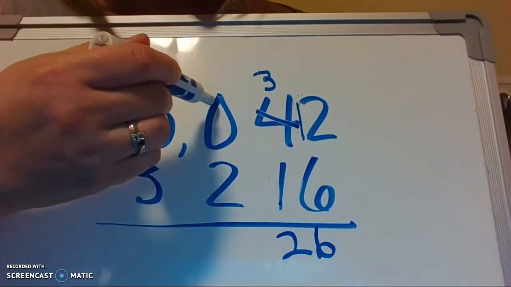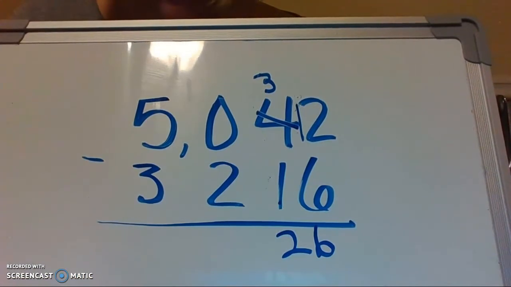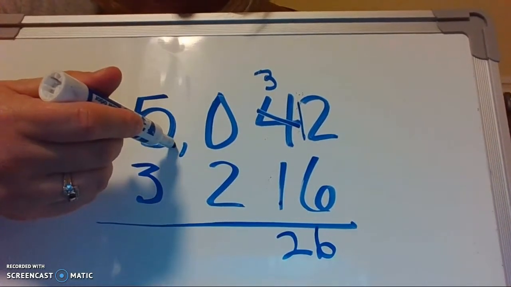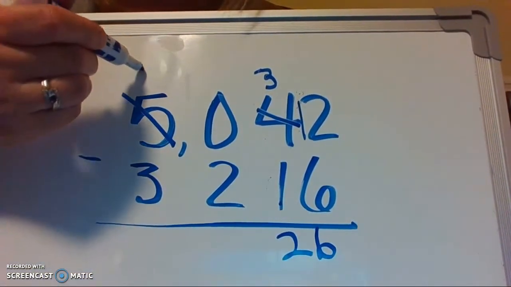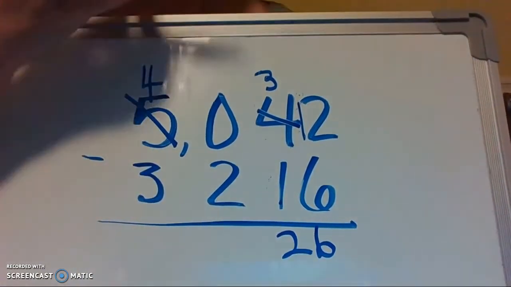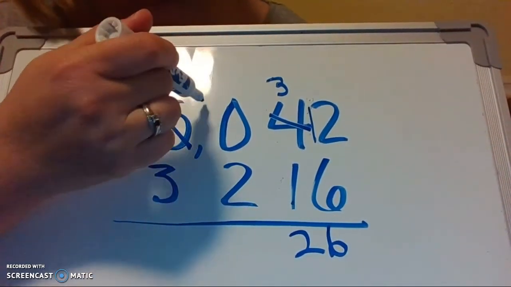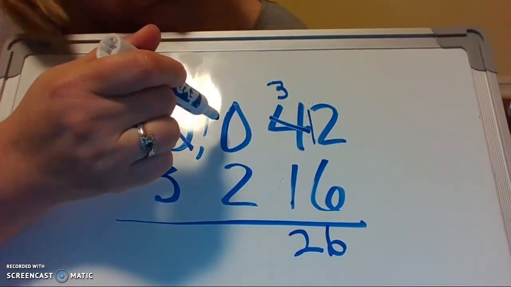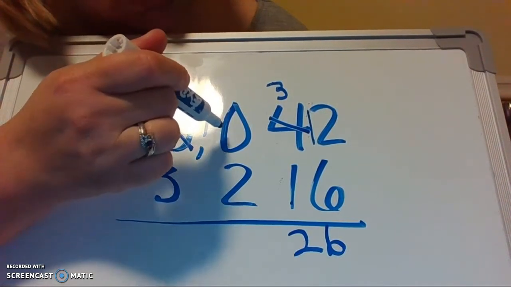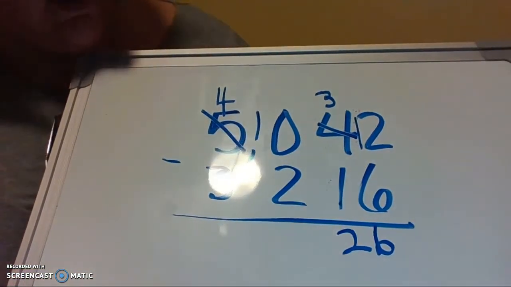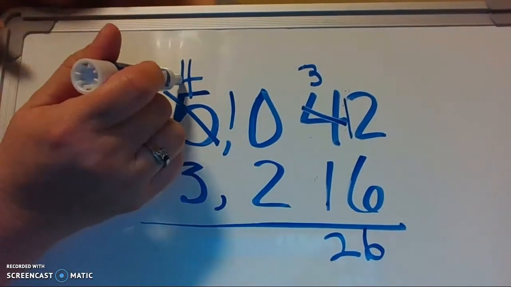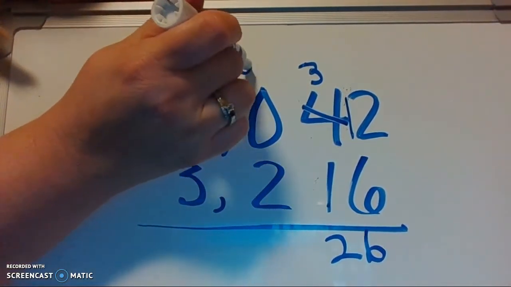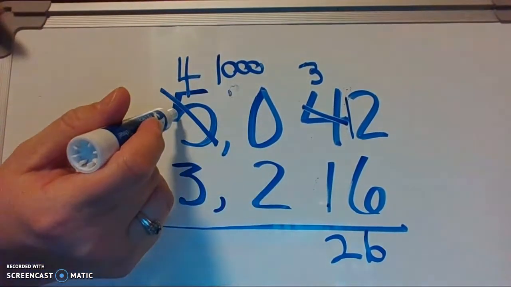Then I have no hundreds minus 200. Whew, what do you think I got to do? That's right, come over here to my thousands. So this 5,000 now becomes a 4,000. So now I have 1,000 because I borrowed 1,000 over here.